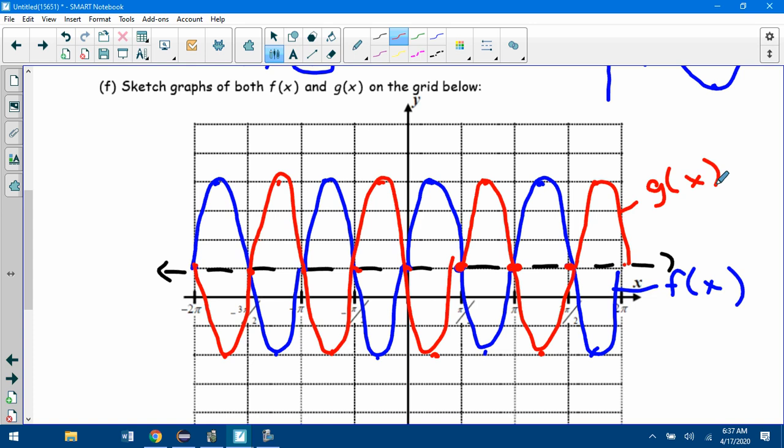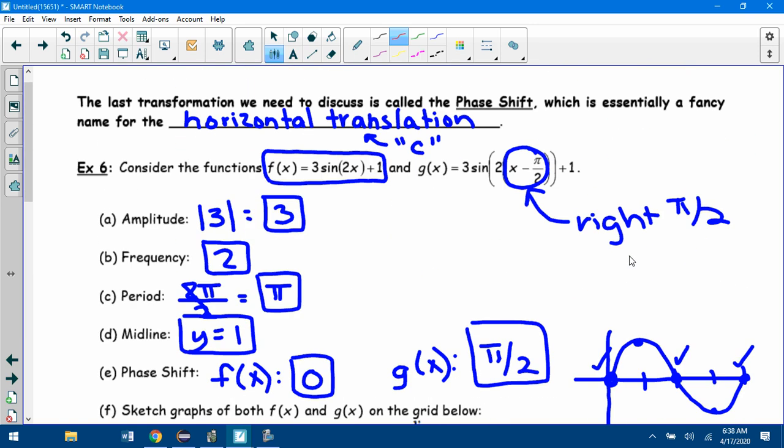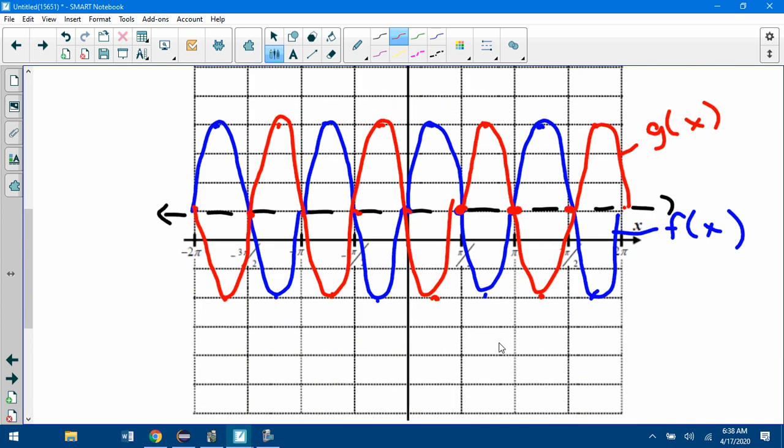It's like a DNA thing from science or something. All right, so phase shift isn't going to be a huge deal this year. I'm actually not going to have you graph phase shifts generally. I just need you to recognize that if there's a horizontal shift left or right, it is a phase shift. That's the goal.